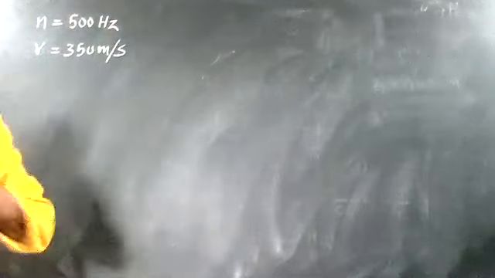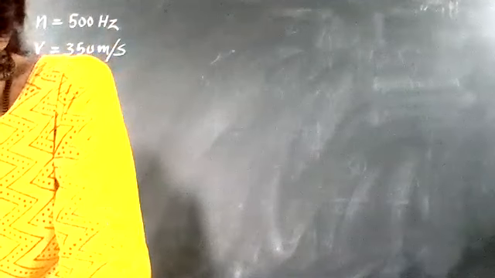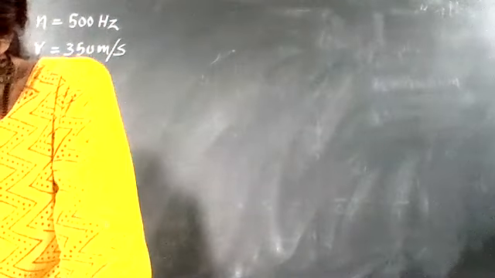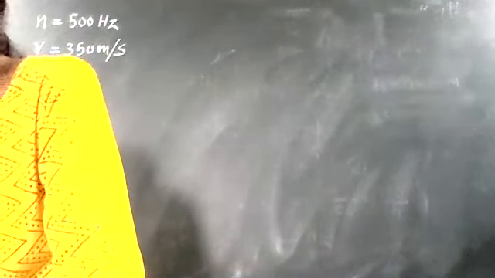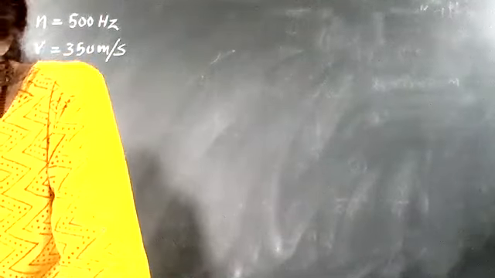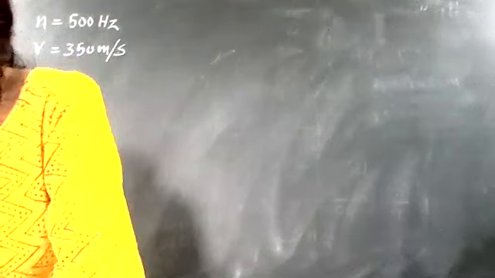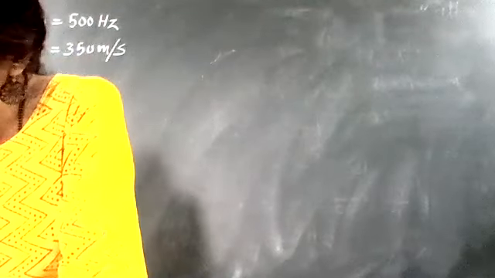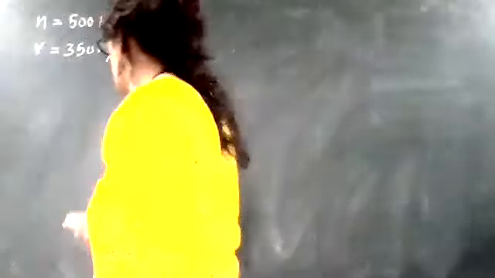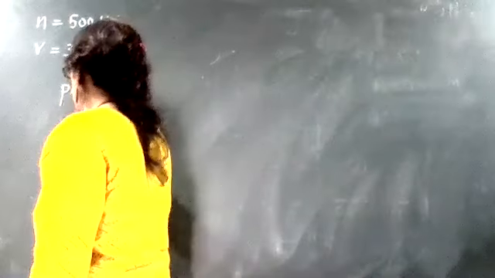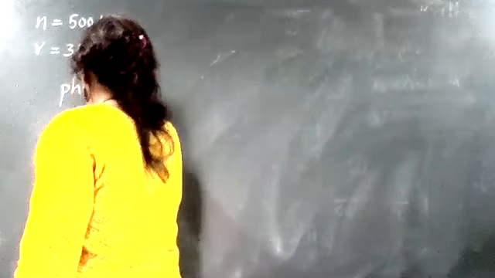You have to answer the phase difference between two displacements at a certain point at times 1 millisecond apart. Right? So now, phase difference for a time interval of 1 millisecond. How can we calculate that? For that we have to write the formula for phase difference.